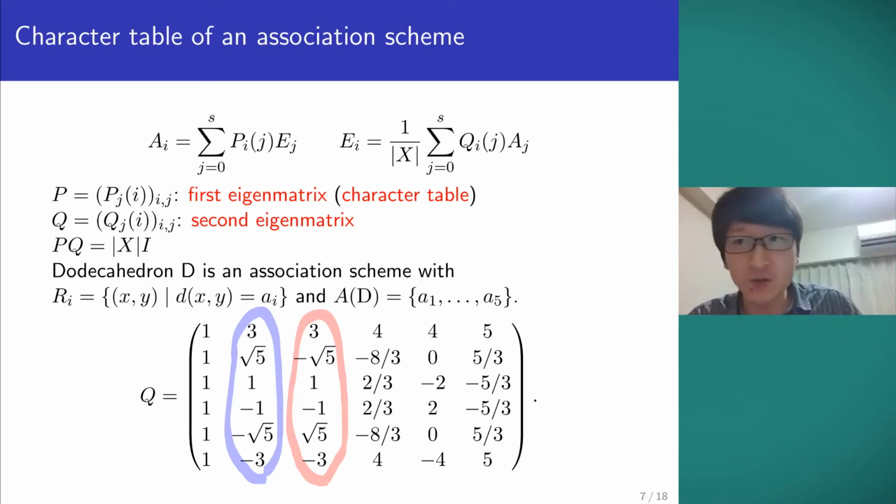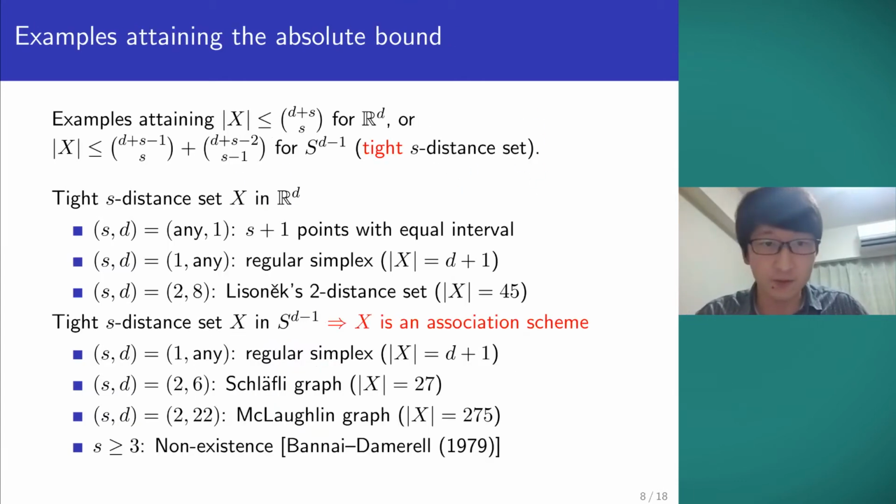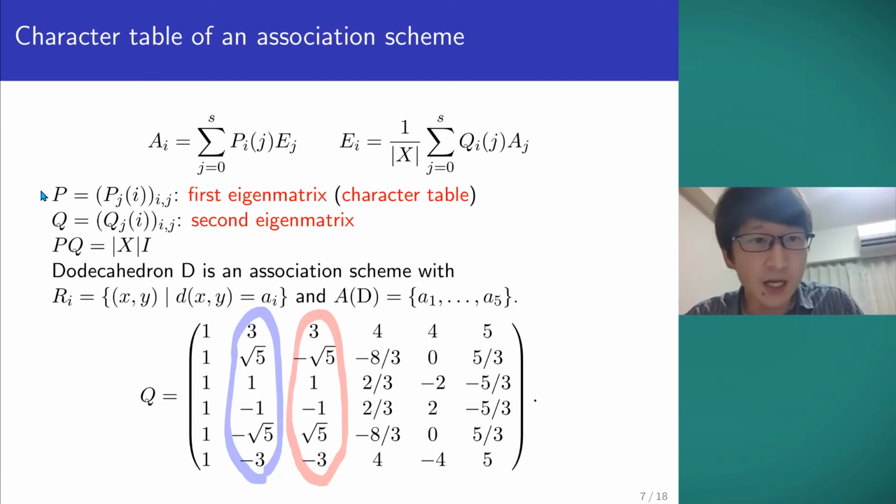For an association scheme, the character table is important to check some information. Now A_i can be expressed by another basis, E_j. Now p_ij are actually the eigenvalues of A_i. The E_i can be expressed by a linear combination of the A_j. P is the matrix whose (i, j) entry is p_j(i).